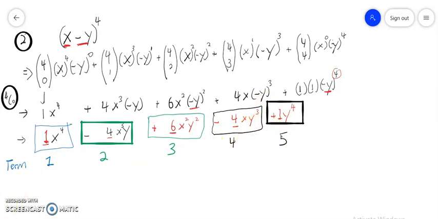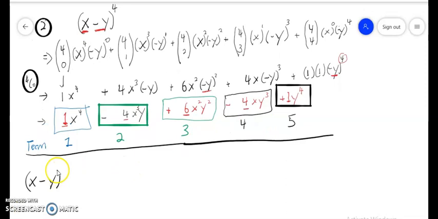Okay guys, next I'm going to focus on this. Let's say I just copy down the same question here, and from here I'm going to find the fourth term.